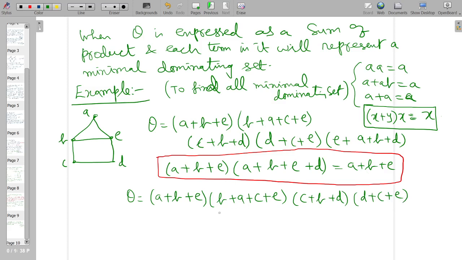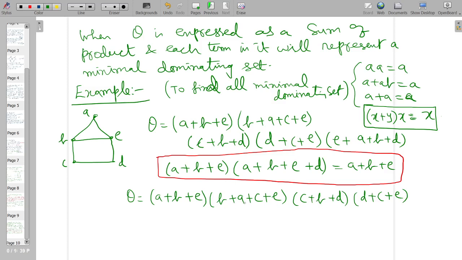Now can I still reduce this, (b plus a plus c plus e), to some other term?